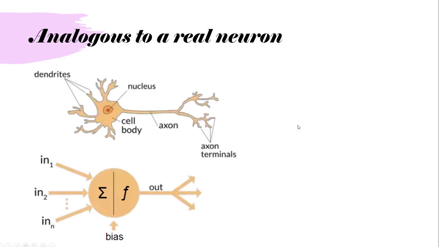Let's move on to networks and how this is comparable to real neurons. The top picture here is a very simple schematic diagram of an actual neuron. As you can see, that's where the cell is, the cell body and the nucleus.